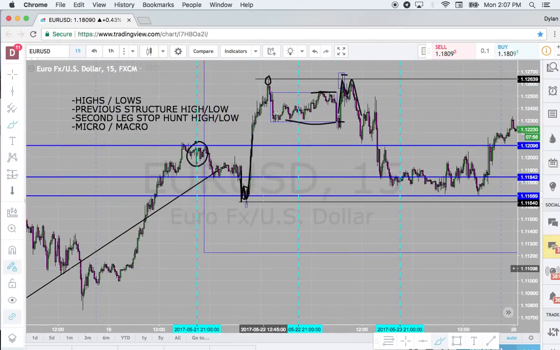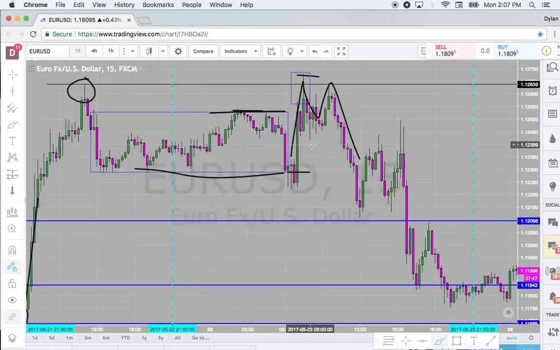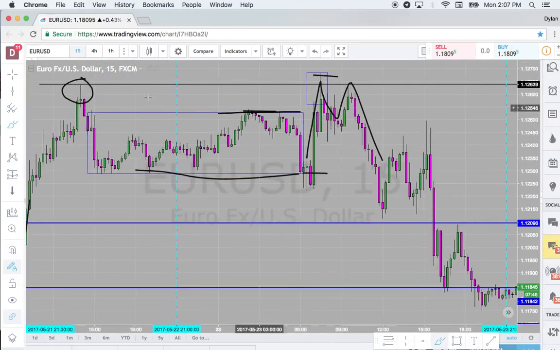If you're having trouble with the timing, then wait for a previous structure M or W. Now this was very, very easy. This M formation, you can see a previous structure high here, the high of the week, and so you didn't even have to look at the clock to understand what session it was.